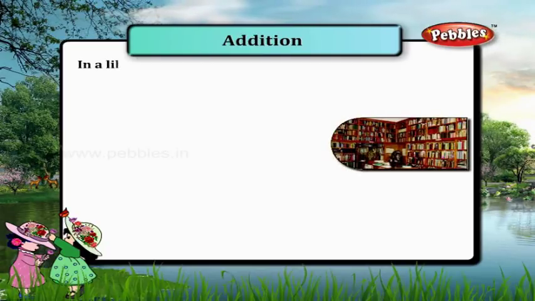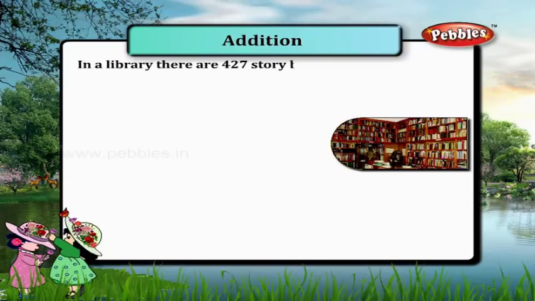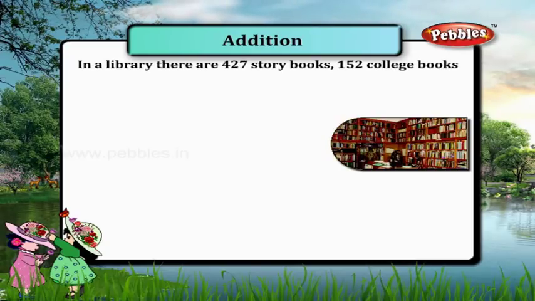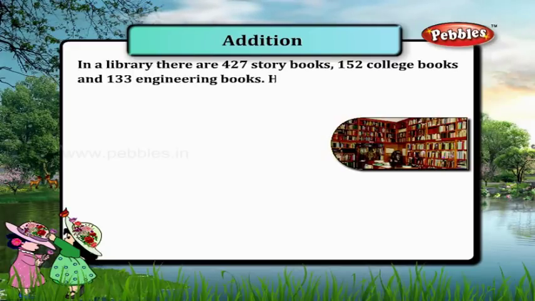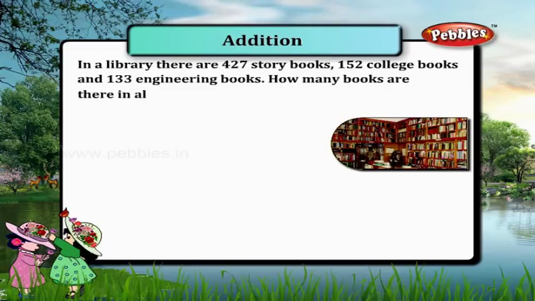In a library, there are 427 storybooks, 152 college books, and 133 engineering books. How many books are there in all?